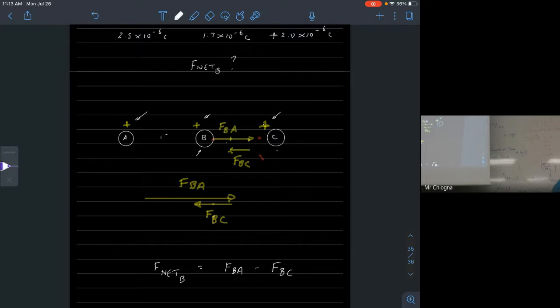You're going to subtract FBC because it's acting in the opposite direction, to give you the net force. That's the only difference.